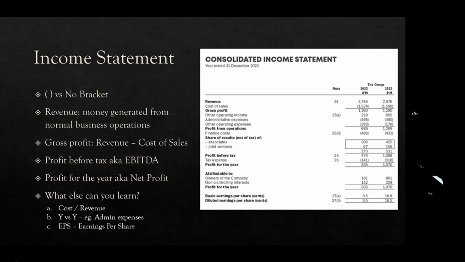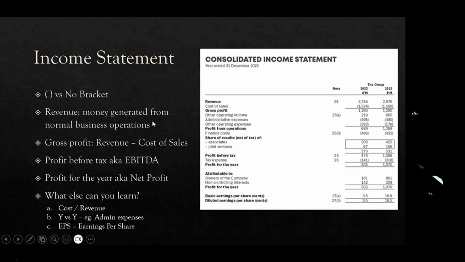Another thing that you can also derive from the income statement listed over here is, for example, we always want to compare, right? Compare between year over year or year on year, right? So in this case, what we can see here is the financial performance or the income statement performance of 2 years, 2022, right, on the right column, and then the left column would be 2023, right?